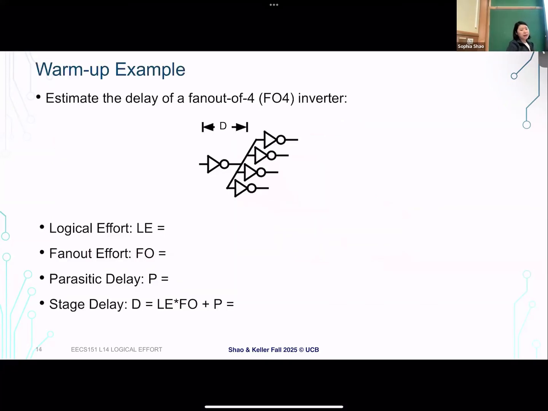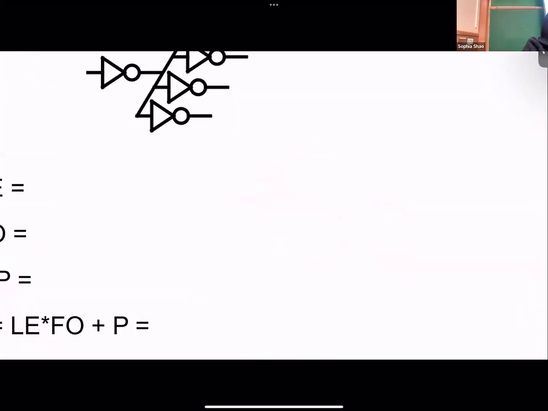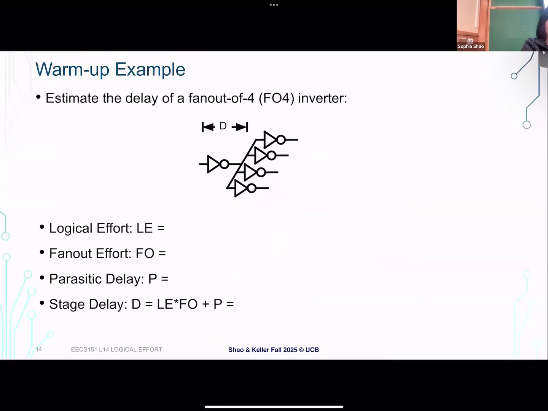Just to get things started, a very simple example. Now we have a more complex circuit, and we'd like to work on the delay of my inverter. Here, my inverter is driving 4 unit-sized inverters, and all the inverters here are of size 1.